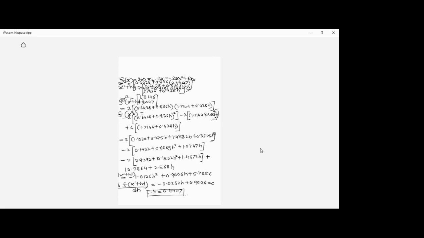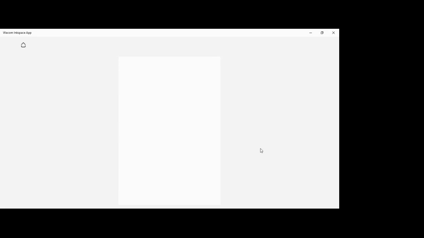The next step is to find out what is the functional value of fx2. If you try solving this, it is 2 into 1.0146 into 1.9047, then minus 2 into 1.0146 bracket square, minus 2 into 1.9047 bracket square, plus 6 into 1.9047.